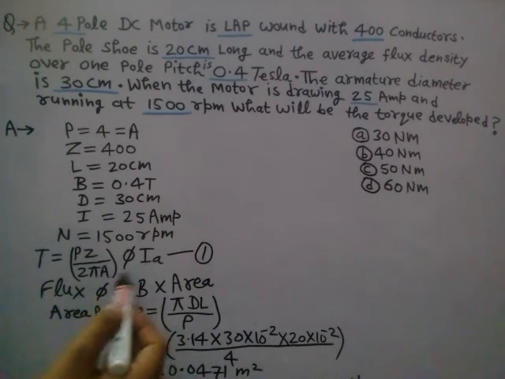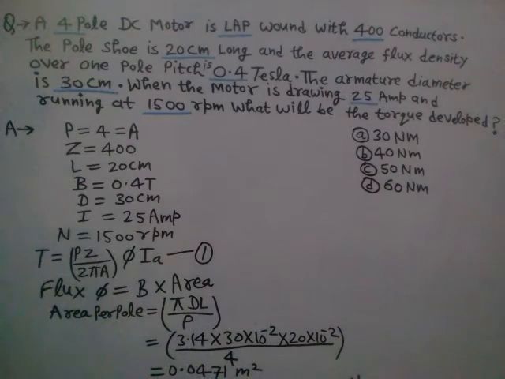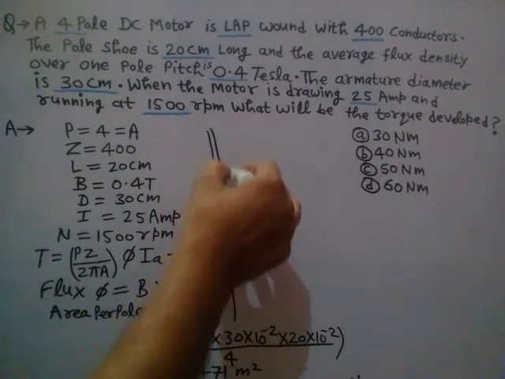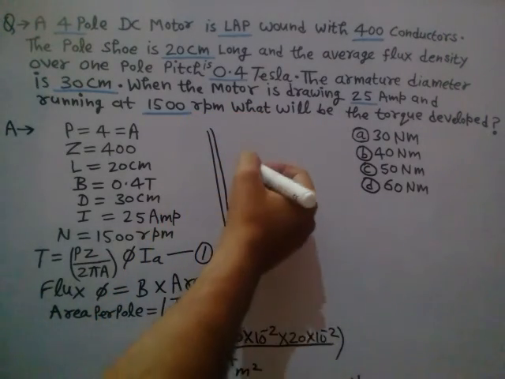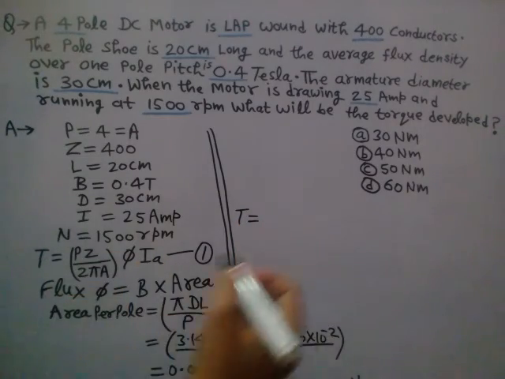So now put all these values in this equation number 1 and calculate the values of torque that we have to find out in this particular numerical. So from here I can calculate the torque developed.